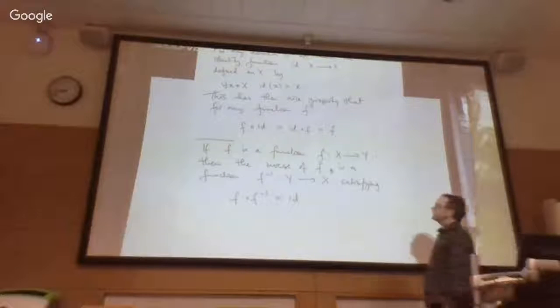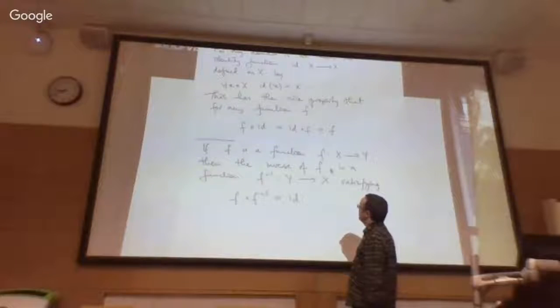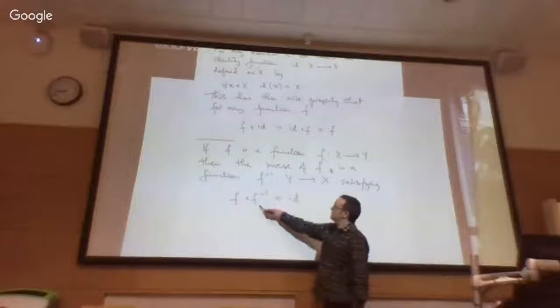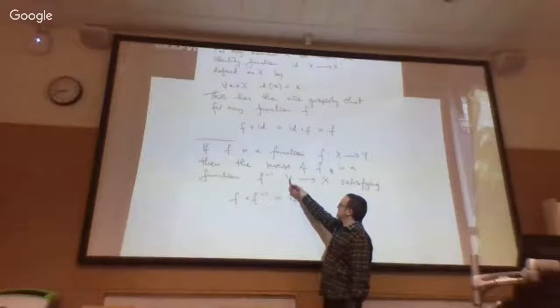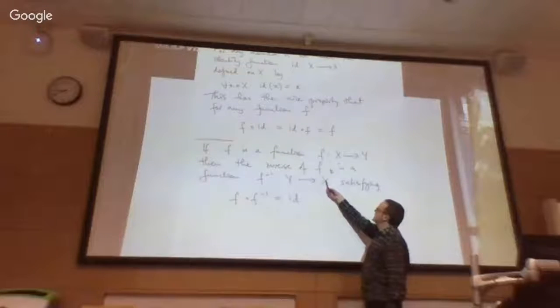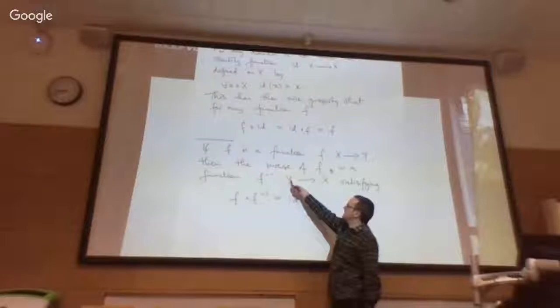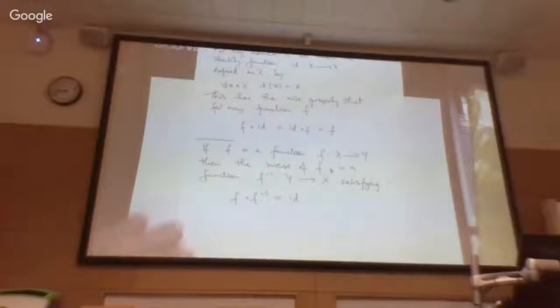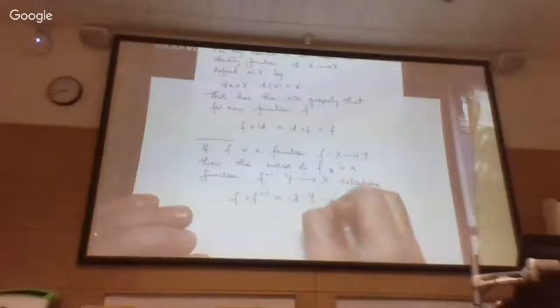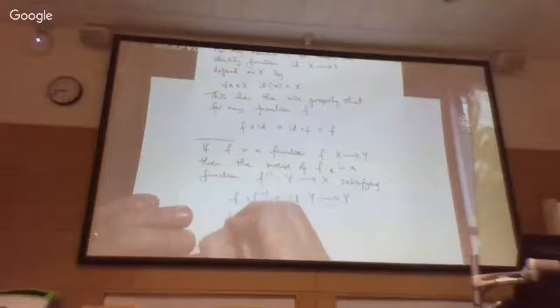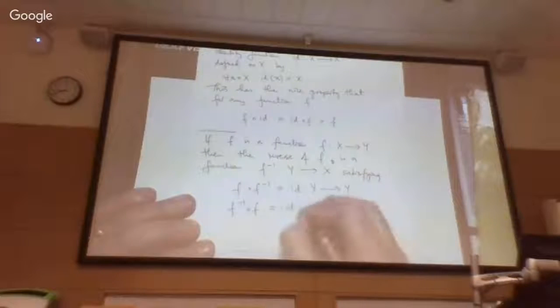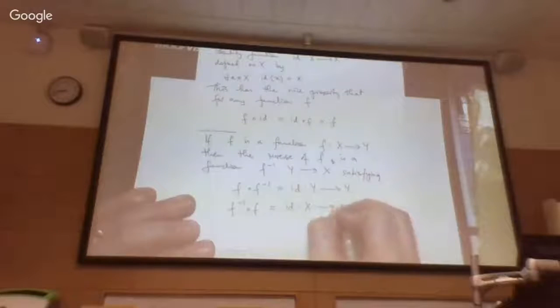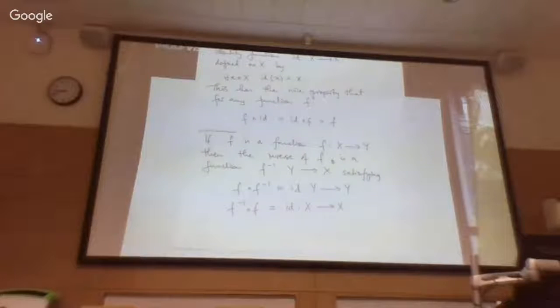Well, f after f inverse will be the identity function on Y. If f inverse applies first, you start off in Y, you come to X, and then you apply f, which takes you back here. You always arrive back exactly where you started, so this is the identity function on Y. When you compose them the other way around, f inverse after f, that will give you the identity function as well, but the identity function on X.